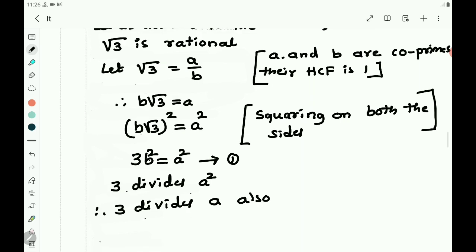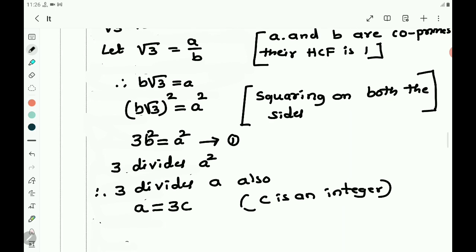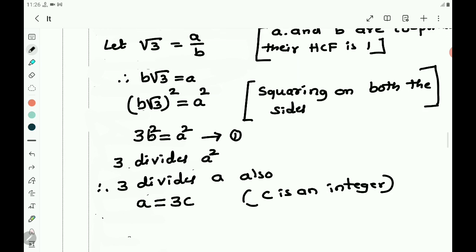So as 3 divides a, it may be in the form a equals 3c, where c is an integer.